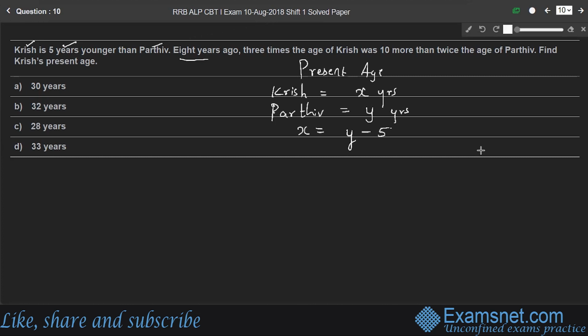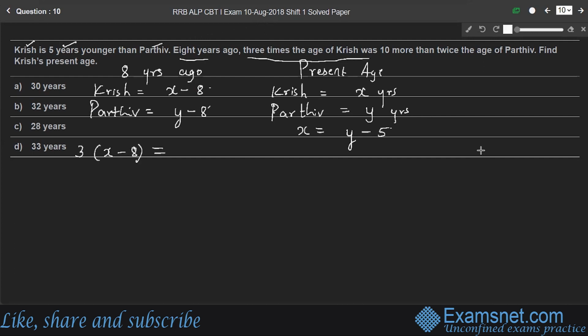So we'll consider 8 years ago. Krish's age was his present age X minus 8 years, whereas Parthiv's age 8 years ago was Y minus 8. The relation between their ages is 3 times the age of Krish, that is 3 times X minus 8, was 10 more than twice the age of Parthiv.